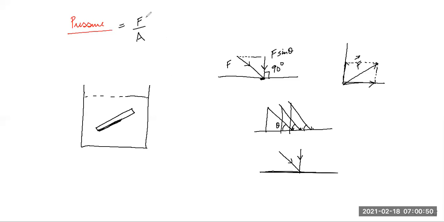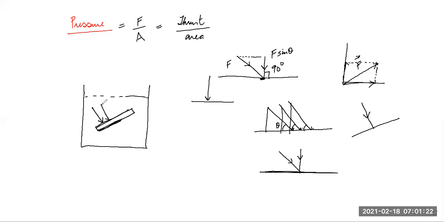You see, pressure is thrust by area. No, we will not say force by area, we will say thrust by area. And thrust is always perpendicular to the surface, right? If the surface is inclined, this would be the thrust on this surface. Am I right?